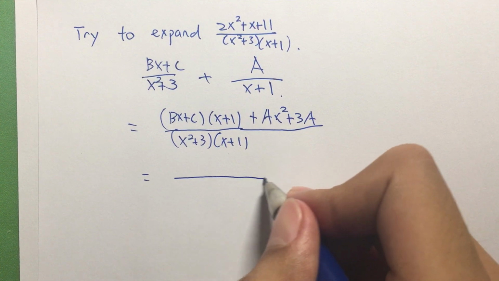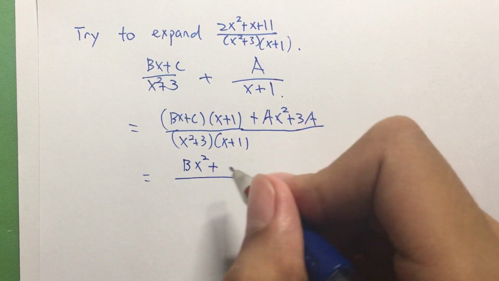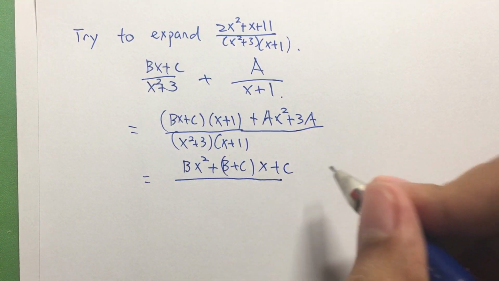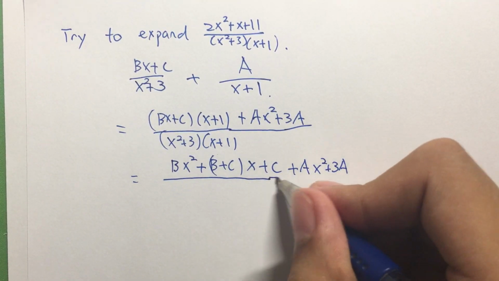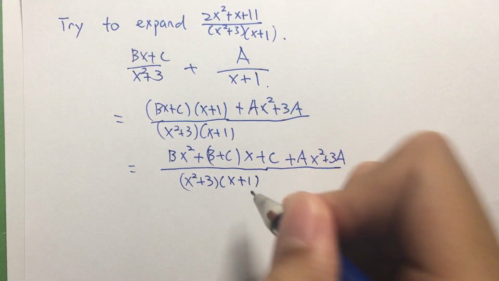Then we will have bx squared plus (b plus c) x plus c plus ax squared plus 3a, over (x squared plus 3) times (x plus 1).